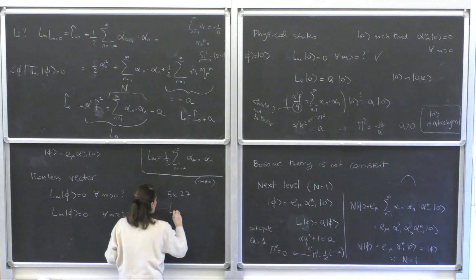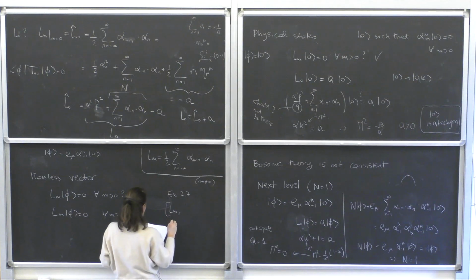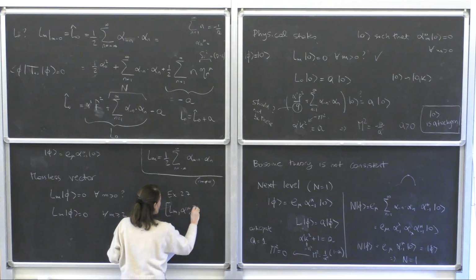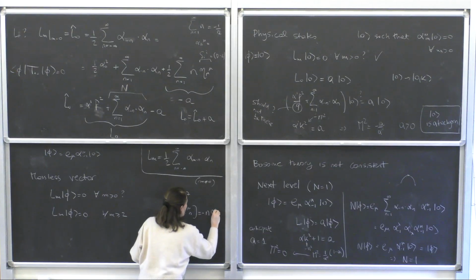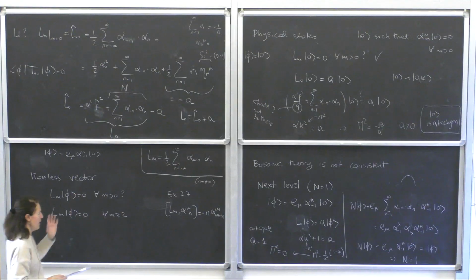which is this commutator, Lm alpha mu n. This gives minus n alpha mu m plus n. So this is very, very easy to get.